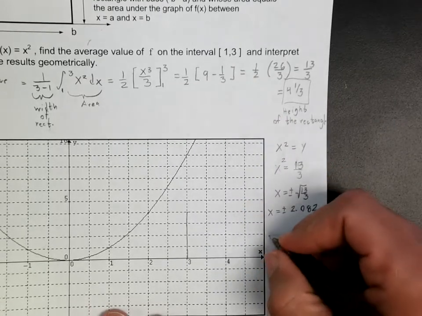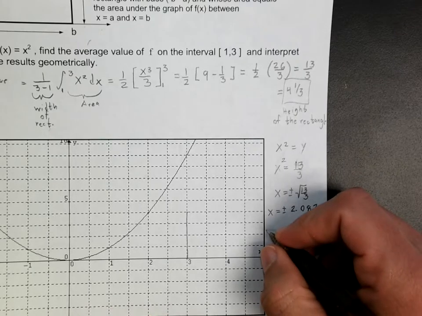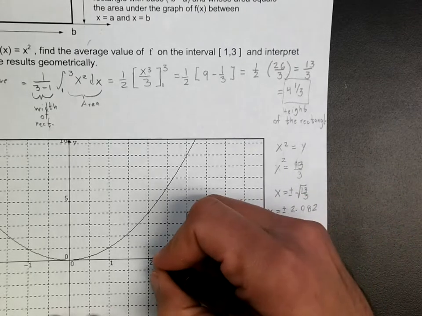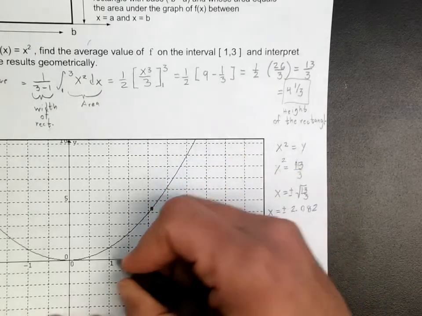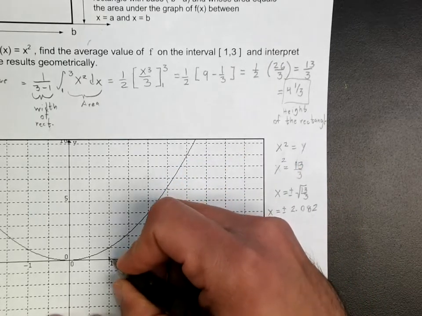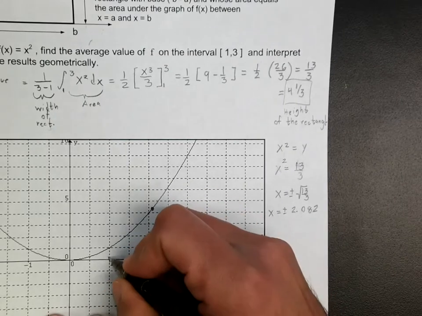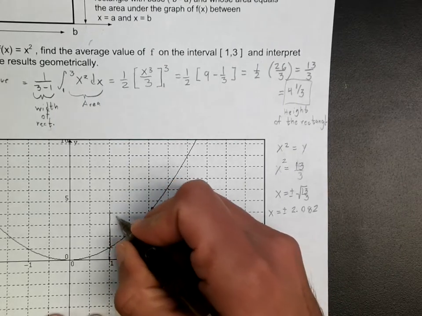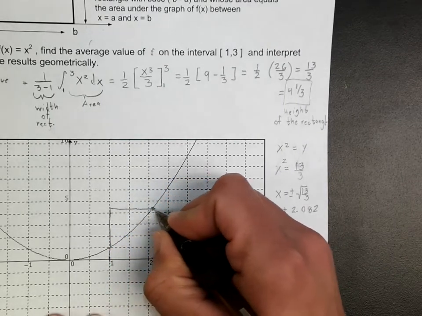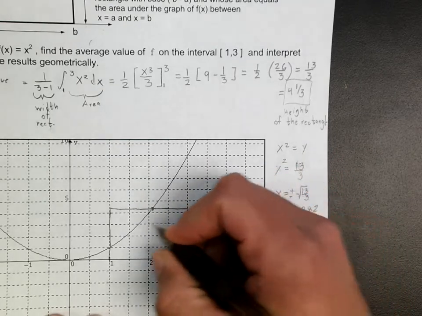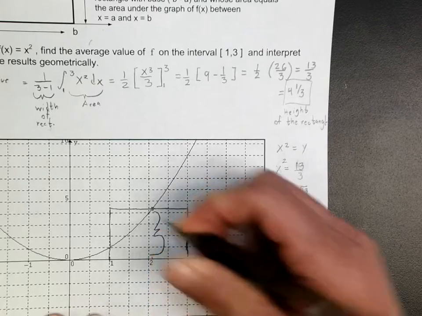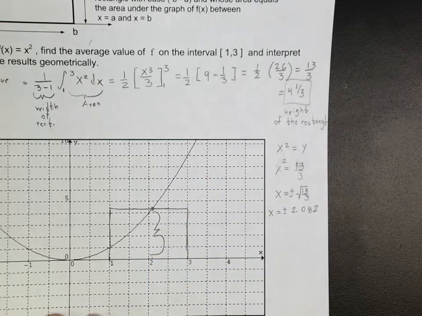So again, all we have is that at 2 point something something, the height of this rectangle is 4 1/3. So again, the height is 4 1/3.